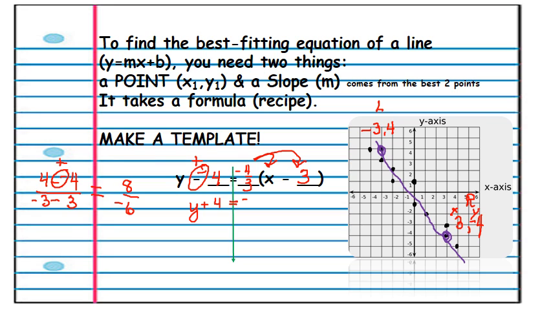Negative times negative is positive. 4/3 times 3, this is going to cancel out, that's going to cancel out. So we get a 4, and we get y equals, because I'm going to go -4 now, and -4 now, y equals -4 over 3x. And that's the best equation for the line.